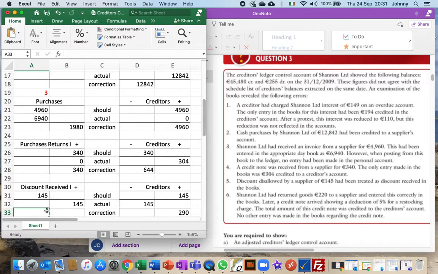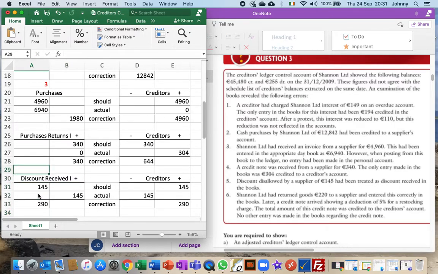So on the discount received, I'll put 145 to cancel the mistake of adding a new discount, and another 145 to cancel the mistake I made in the first place. So that makes the total of 290. Okay, and I'll number this one, so that is number 5.